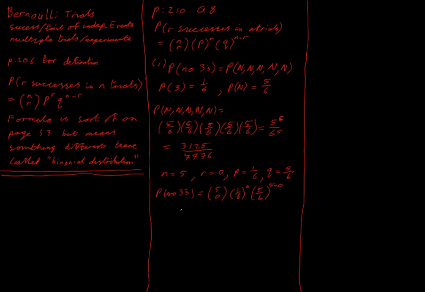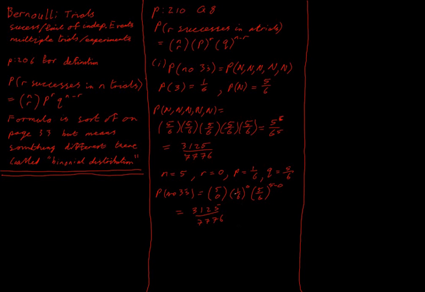I put that into my calculator and I will get exactly the same thing out. You can see it fairly straightforwardly here. This is 1, this is 1, and this is 5 over 6 to the power of 5. So we end up with the same thing as we had up here. So we end up with the same answer.